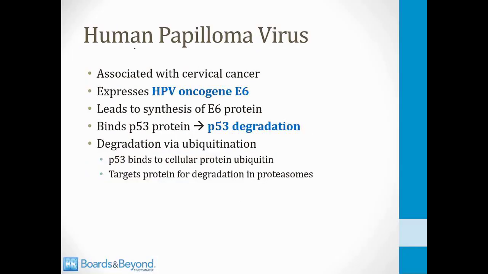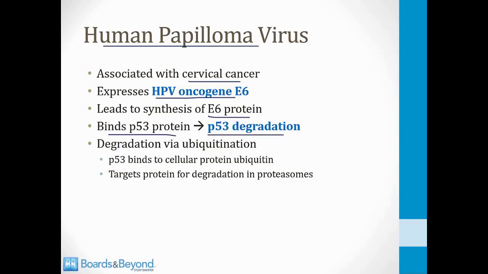The human papillomavirus is a sexually transmitted infection that's associated with cervical cancer, and it expresses an oncogene called the HPV oncogene E6, and this leads to synthesis of an E6 protein. What E6 does is it binds to p53, and this leads to p53 degradation.